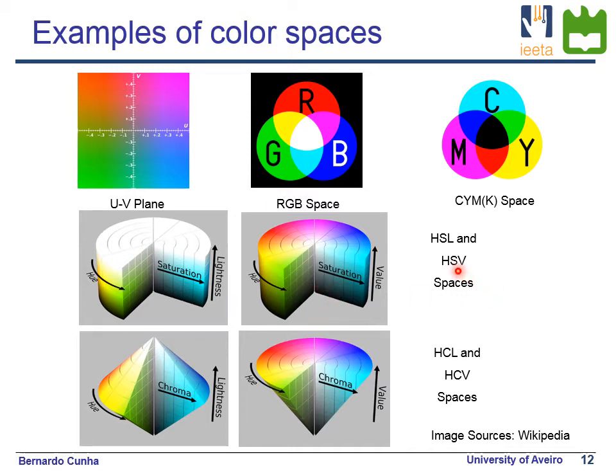Then there is S, that stands for saturation. Saturation is a concept which is easy to understand because it's basically the amount of white that you mixed into a pure color. For instance, red, as it is in here, is a completely saturated color. But if you mix a little bit of white with red, then you get pink.